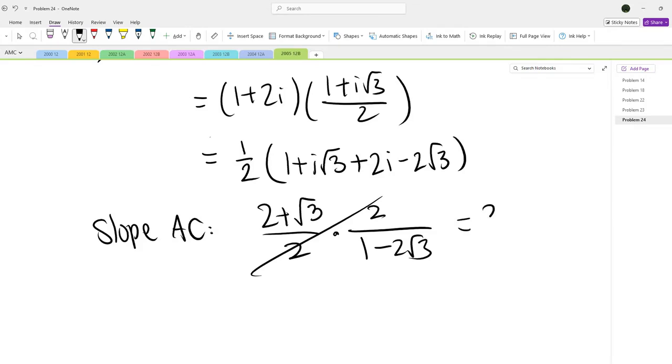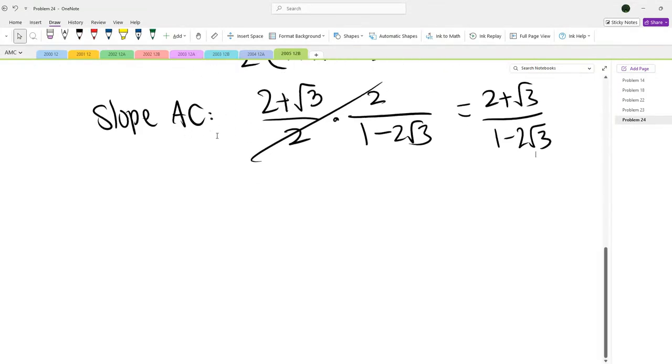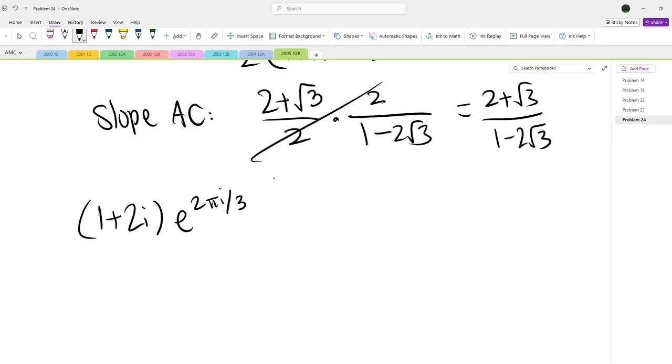So this is equal to 2 plus root 3 over 1 minus 2 root 3. And that's the slope. And we can do the same procedure to find BC. So we would be multiplying by 120 degrees instead. So 1 plus 2i times e to the 2 pi i over 3.